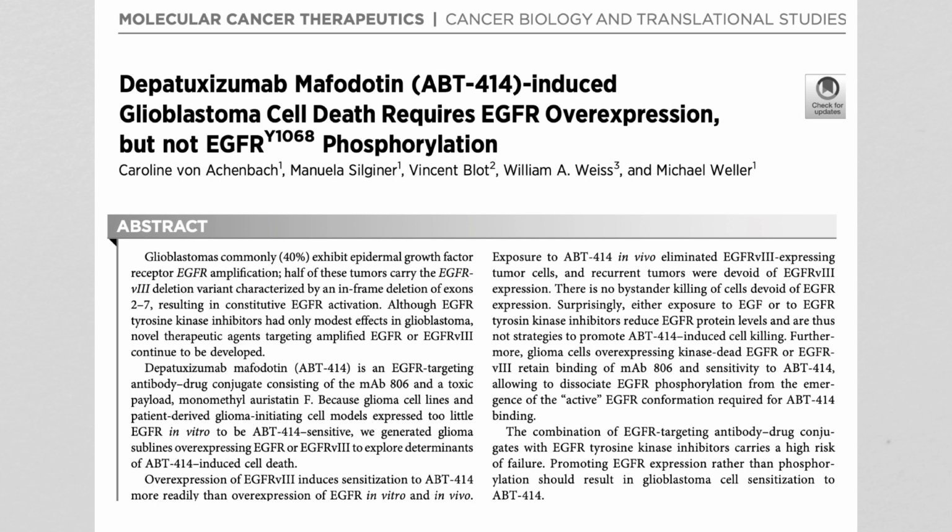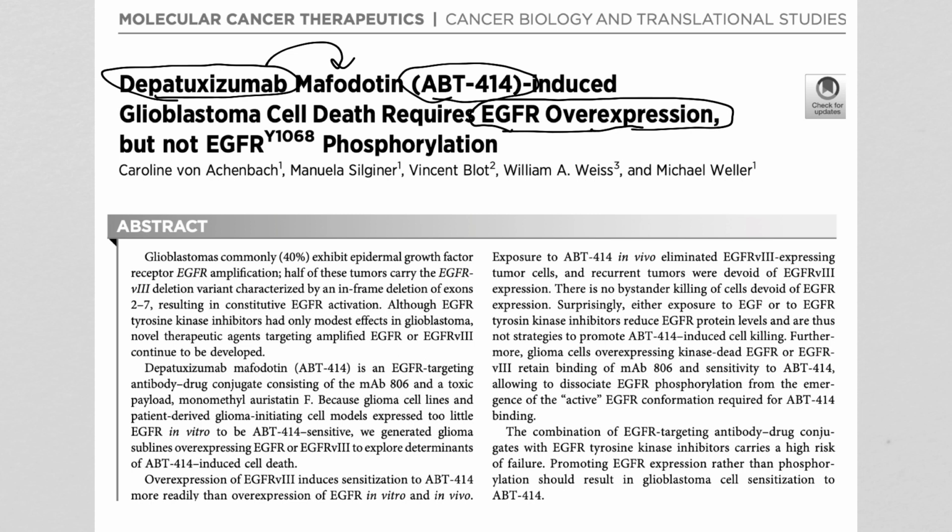And so what ended up happening is, our drug ABT 414 is the ADC, the combination of our monoclonal antibody and our payload, does kill glioblastoma cells, but only if there's EGFR overexpression of some kind. If cells just have normal, typical levels of EGFR, then the ADC isn't effective because clearly that's not the mechanism that's really driving the growth of those cancer cells.